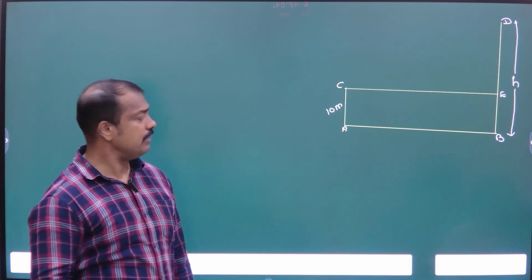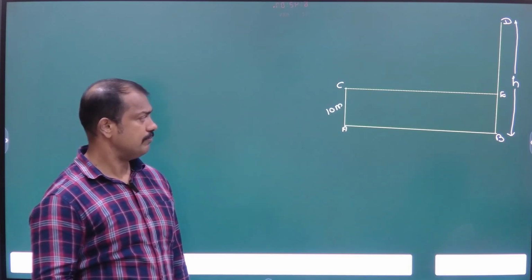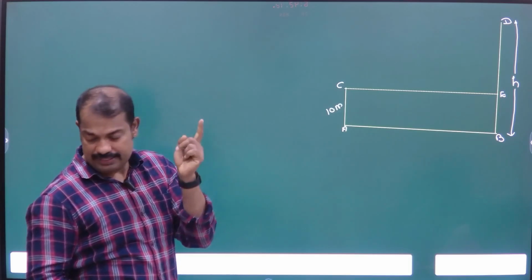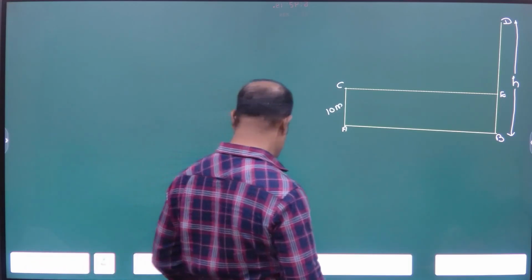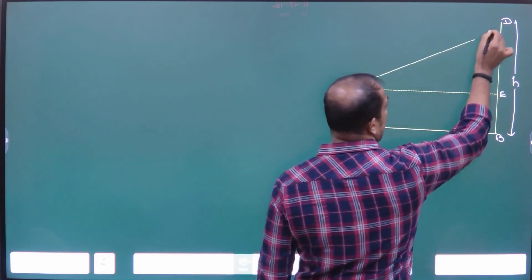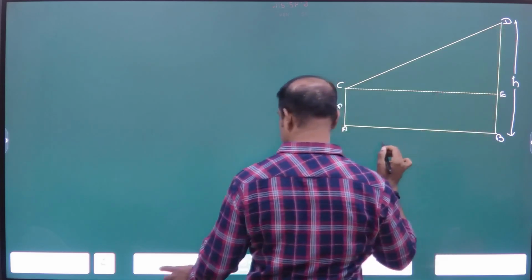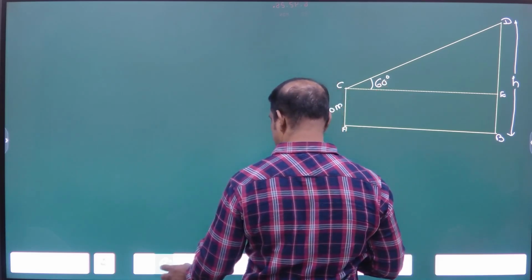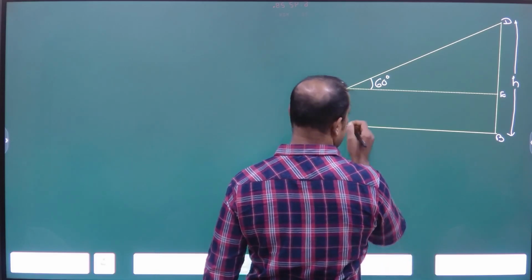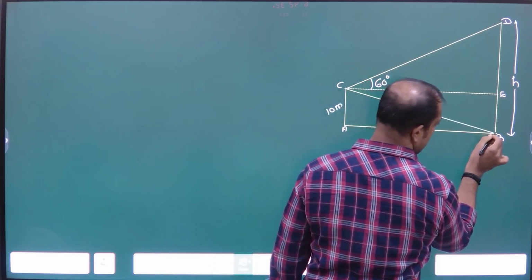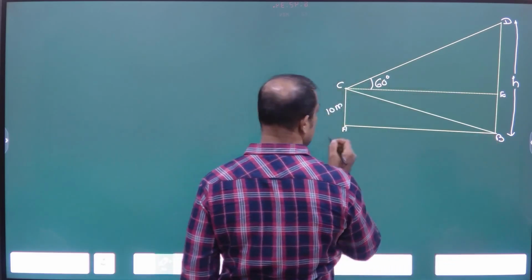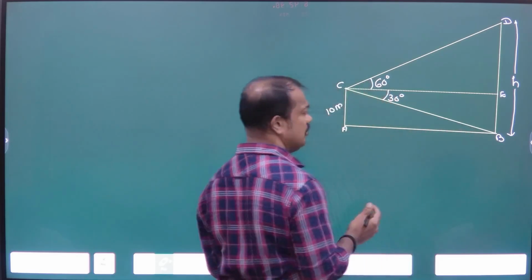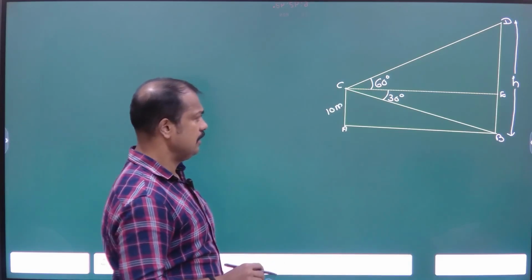What is the angle of elevation of the top of the hill? 60 degrees, so draw it. And from the same point, the angle of depression of the base of the hill is 30 degrees. If this is 30, this is also 30. Clear?